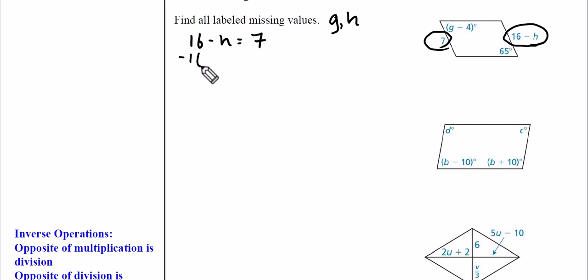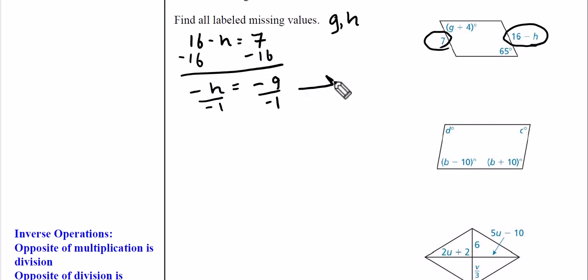And if I subtract 16 from both sides, I get negative 9. And I don't want negative h, I want a positive h, so I can divide both sides by negative 1. And I get that h is equal to 9. That's a 9, not a g. Of course, you can always check, right? Plug the 9 back into h. What's 16 minus 9? Well, it better be 7.